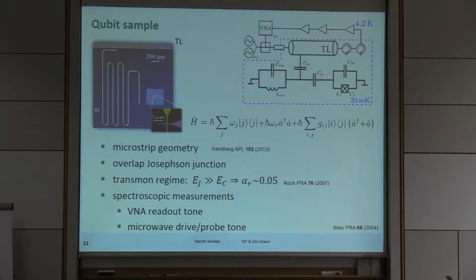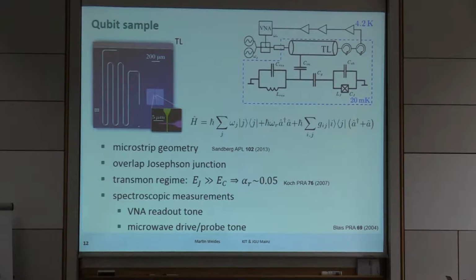Now, the qubit is read out dispersively, which means depending on its quantum state, it affects the effective impedance of the readout resonator, and therefore the readout resonator's frequency is shifted slightly, and we measure this shift. Both resonator and qubit are detuned in frequency, typically about a gigahertz or more.